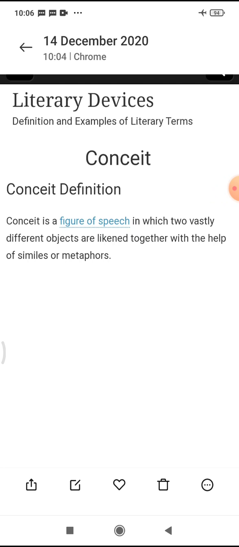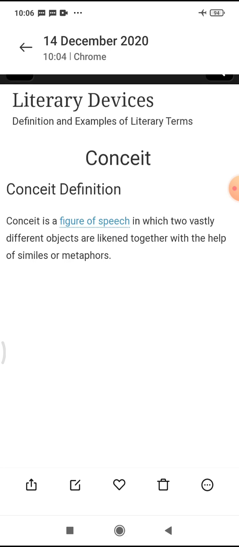First of all, we'll see the definition. Conceit is a figure of speech in which two vastly different objects, the things which are vastly different and have no similarity between them, are likened together.